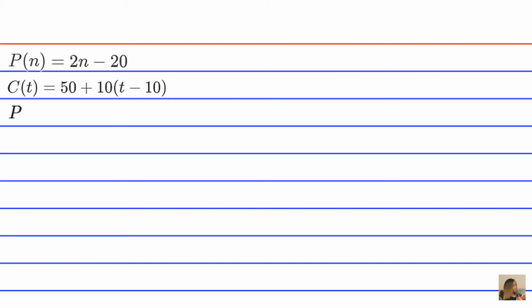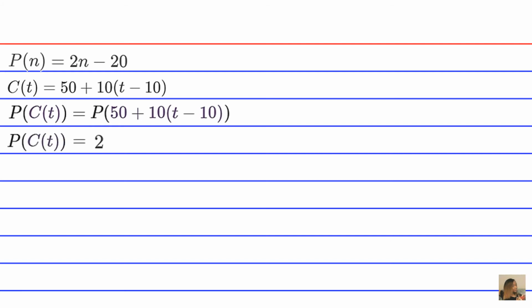Therefore, P(C(T)) is equivalent to P(50 + 10(T - 10)), or you could say that P(C(T)) is equivalent to 2 times (50 + 10(T - 10)), and don't forget to subtract 20.